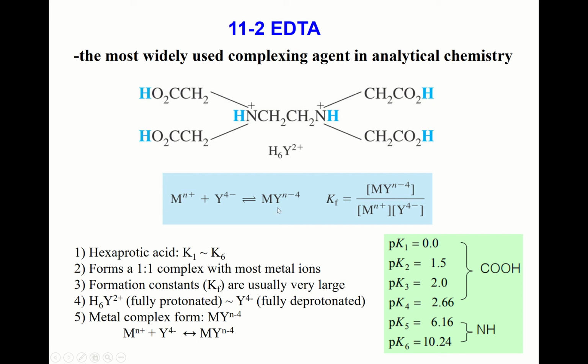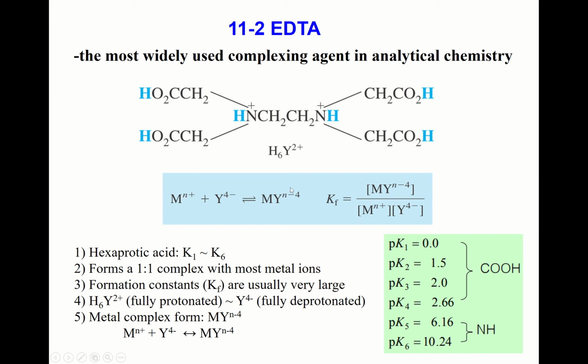Look at this equation. You have to know that once EDTA binds the metal ion, the final form is this one, the fully deprotonated form, MY with charge n minus 4, where the metal ion's oxidation state is n plus.